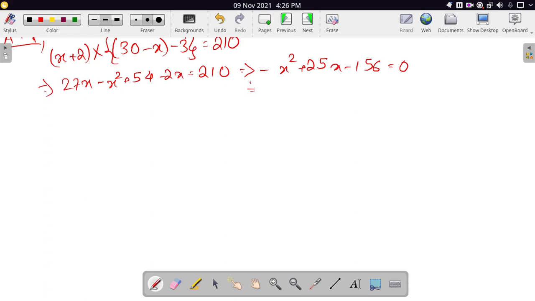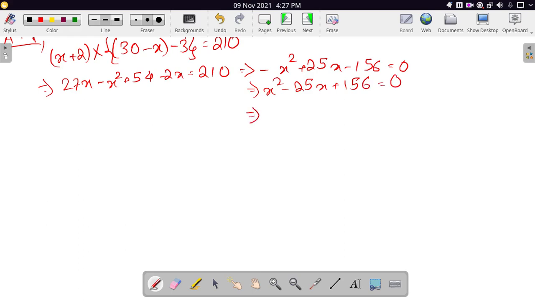We do not like minus being in the leading coefficient. If there is minus in the leading coefficient, we will just remove it. So we multiply the entire thing, left hand side and the right hand side, by a minus sign. So it comes out to be x square minus 25x plus 156 is equal to 0.